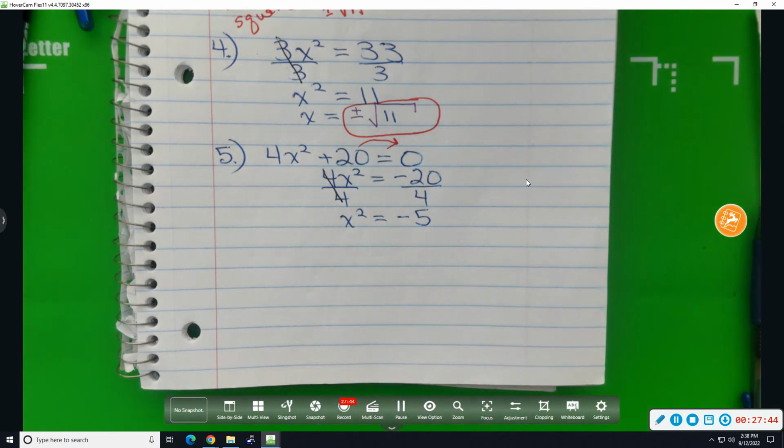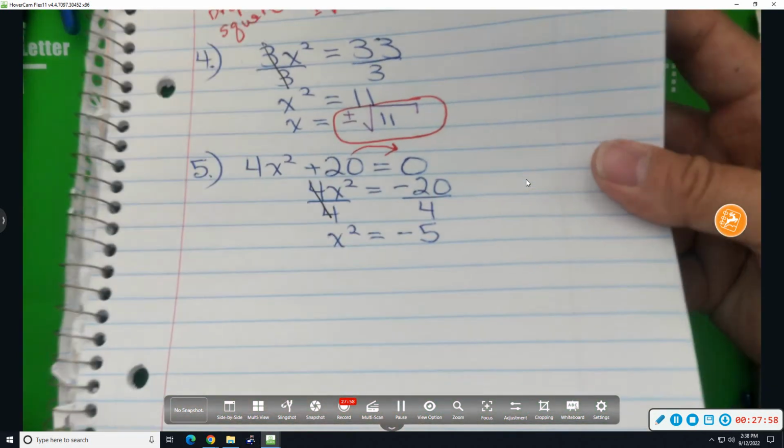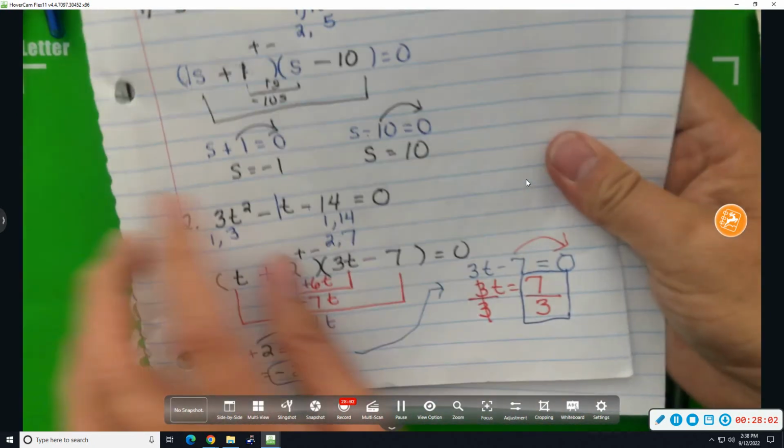Did we have any i's appearing? Well, that's when the square root is negative, but with factors, you don't have square roots appearing. When you're factoring, writing the 2 little sets of parentheses, you don't wind up with square roots. If you're solving by factoring, your answers are going to look like these here.